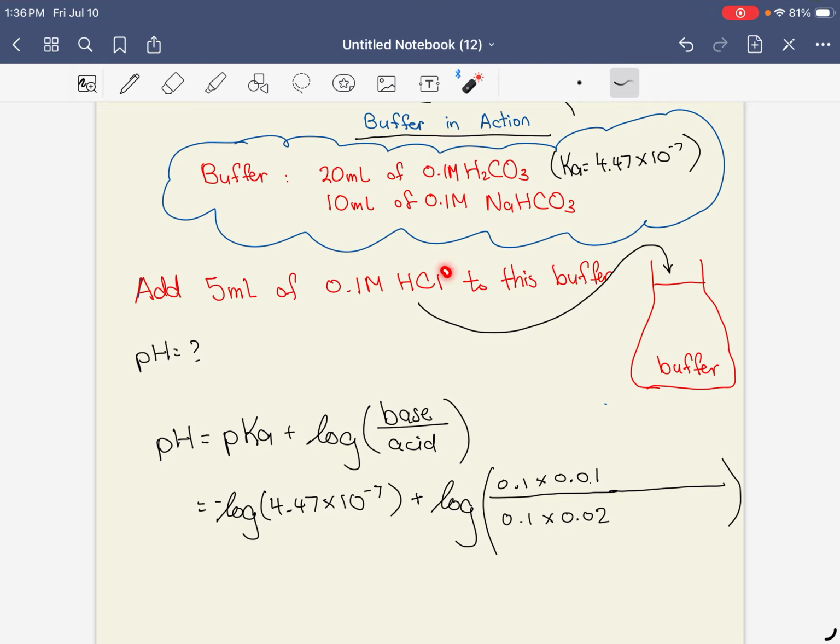So if your acid is reacting with the conjugate base, what that means is that some of these are going to be reacted and gone. So what that means is that the numerator right here will actually be less. How less? I don't know. Let's put a minus here for the sake of knowing that we're going to subtract whatever mole that is here.